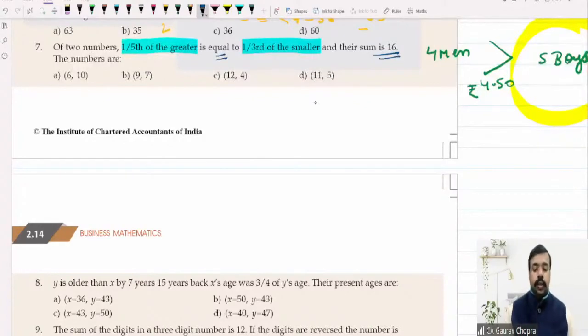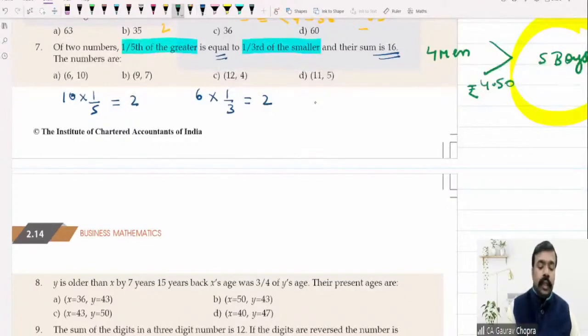Okay, so let us do this. By checking the first option, the greater number is 10. If we find 1/5 of 10, it is 2. The smaller one is 6. So 1/3 of 6 is also 2.